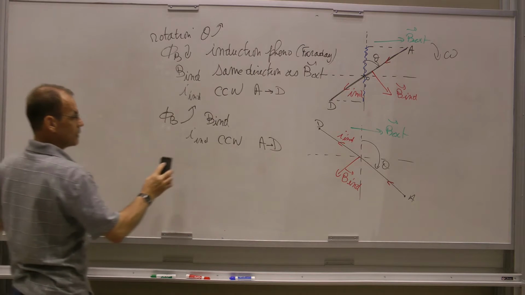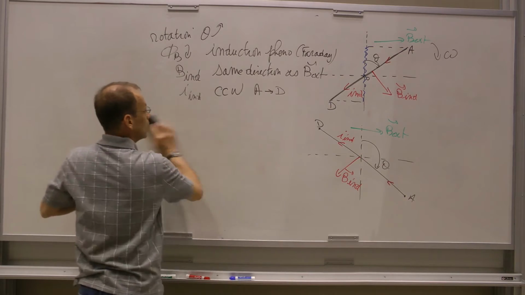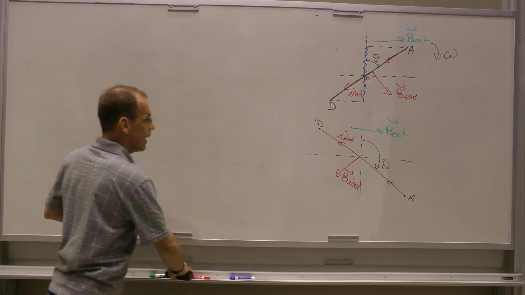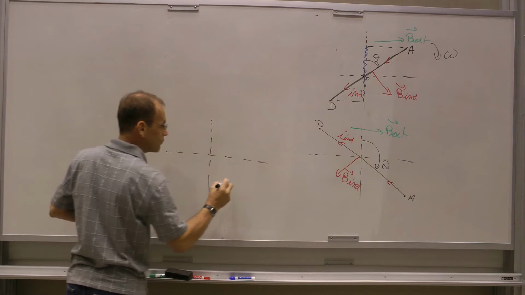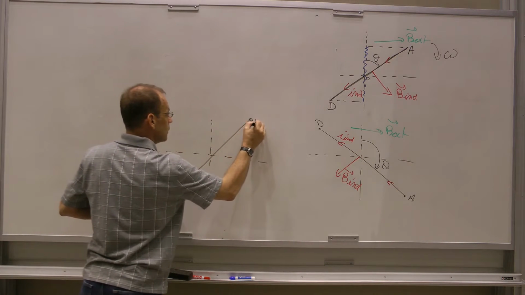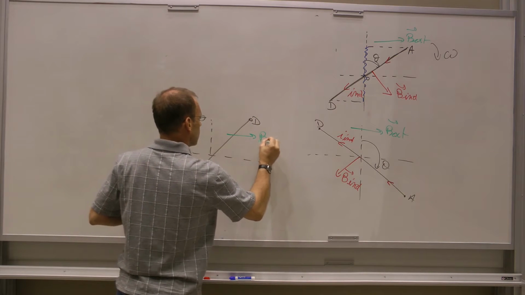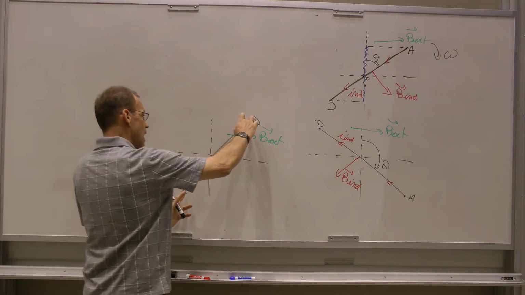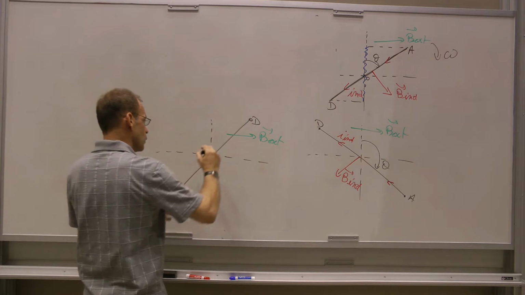So we can continue on with this analysis and look at what happens as we continue to rotate the frame, now taking it in the configuration where the frame is past pi over 2. The frame is oriented this way. My point A is down below, and the point D is in here. The external magnetic field is still pointing to the right. So what do we have? We have the area of the loop subjected to the magnetic field as the loop rotates.